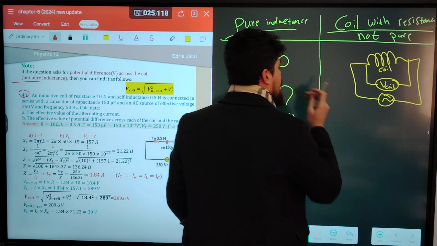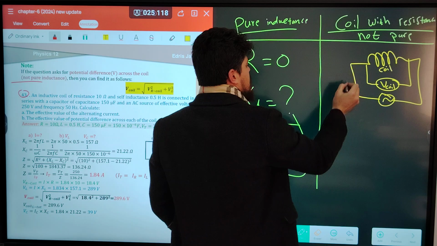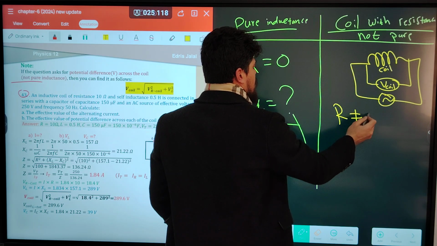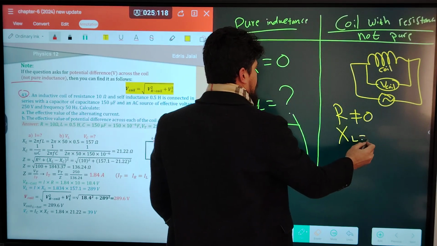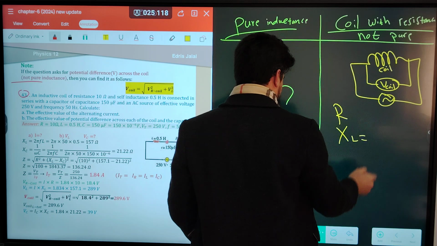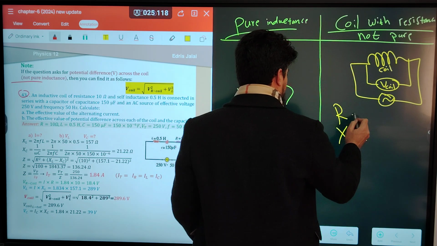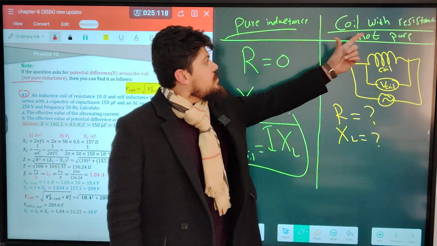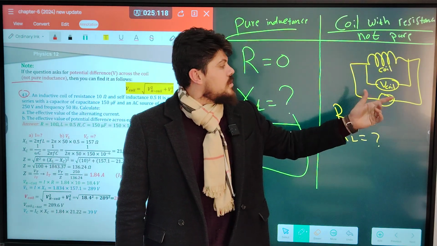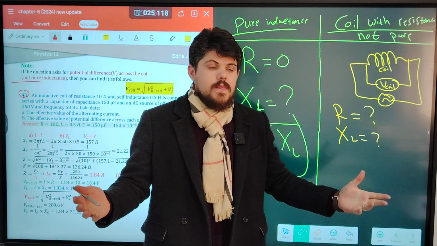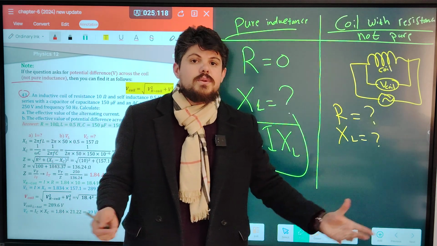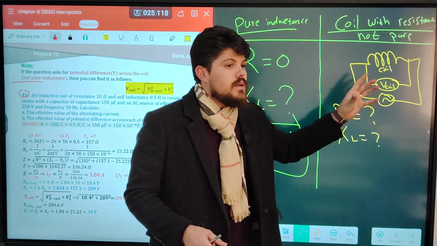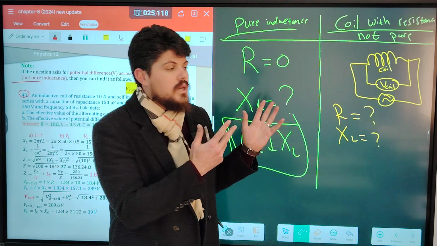V coil. In not pure inductance, can we say R is equal to 0? No, R is not equal to 0. R is equal to something. XL also equal to something. In not pure coil, do we have resistance? Yes. Do we have inductive impedance? Yes. How can we determine the potential difference across this coil?